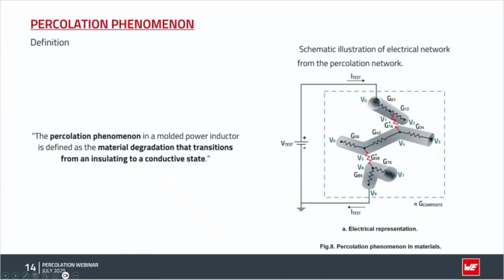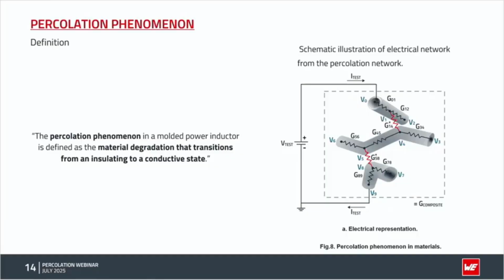So then the particles are going to be connected, and that means a flow, an internal flow of energy at that point. And that is the percolation phenomenon. And it's related with material degradation. And that allows us to say that the material was in an insulated state, and now we are moving to a conductive state.